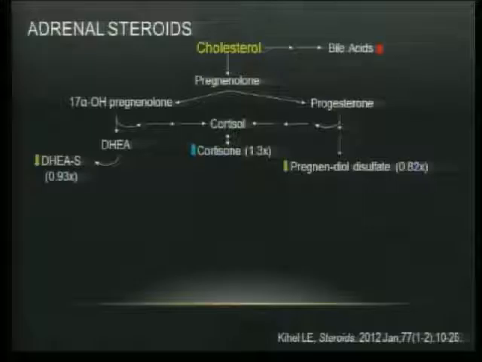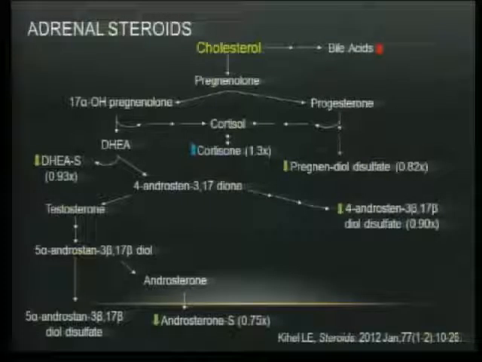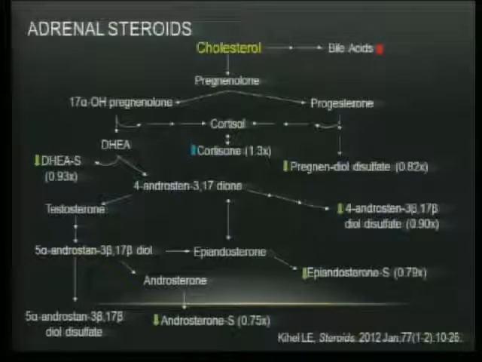There's also a decrease in pregnenolone sulfate. Further down the pathway, we also saw a decrease in 4-androstene-3-beta, 17-beta-diol disulfate, and these are all statistically significant. And then a significant decrease in aldosterone sulfate, and a significant decrease in epiandrosterone sulfate.